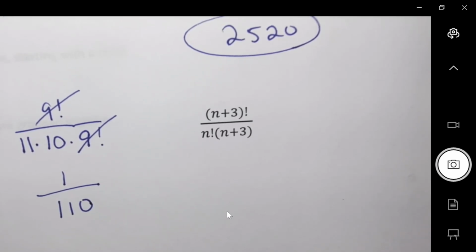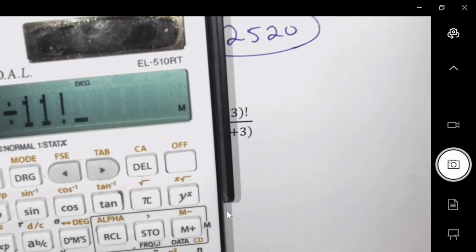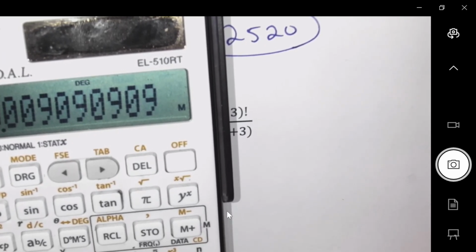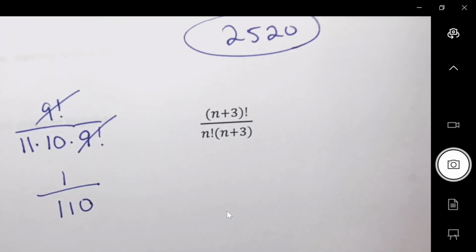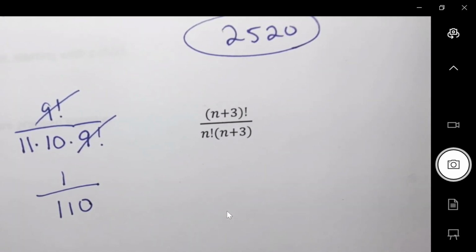Okay. By the way, if you used your calculator and you just did that and gave me that answer, I'm going to award you 0 points. So don't do that. You have to show me your expansion stuff, okay?